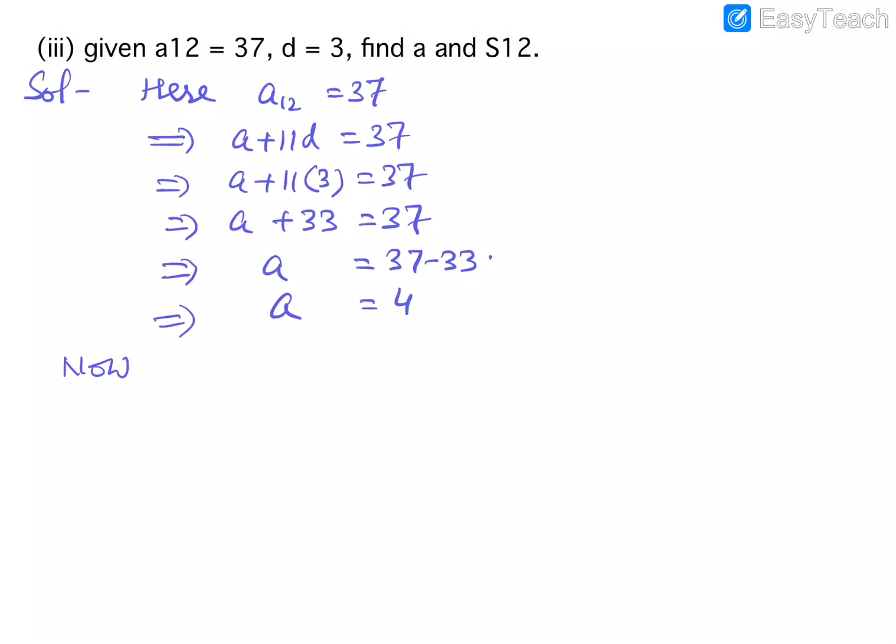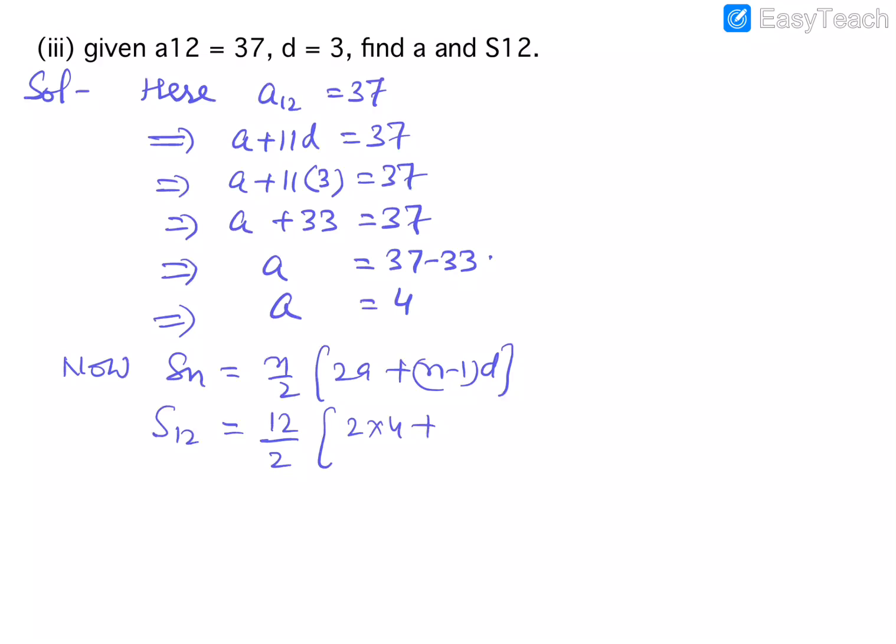Now Sn is given by n by 2, 2a plus n minus 1 into d. This gives the sum of first n terms of AP. Here n is 12, S12. So this is 12 by 2, 2 into 4 plus 12 minus 1 into d, d is 3.